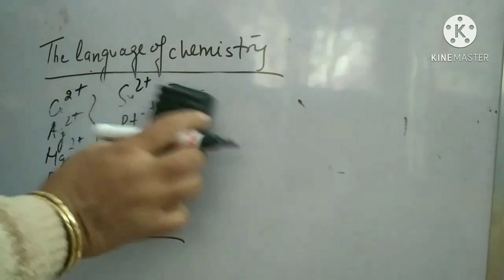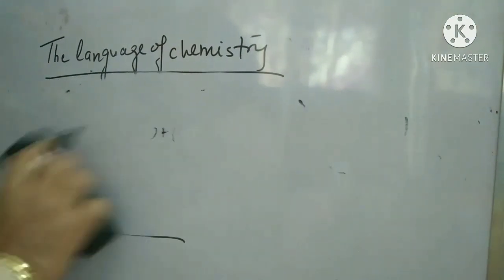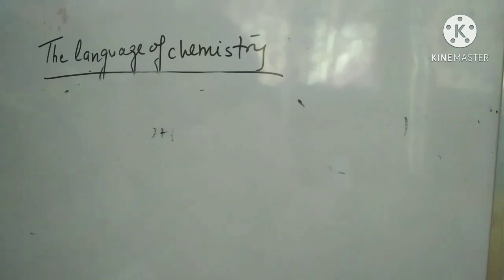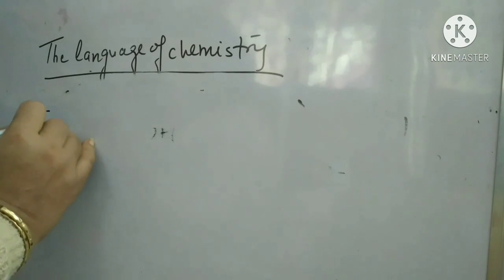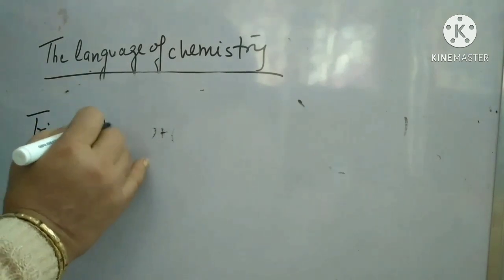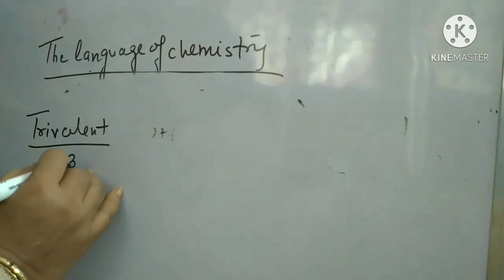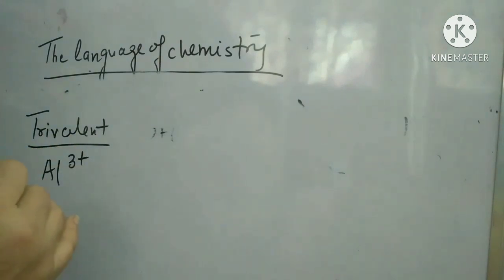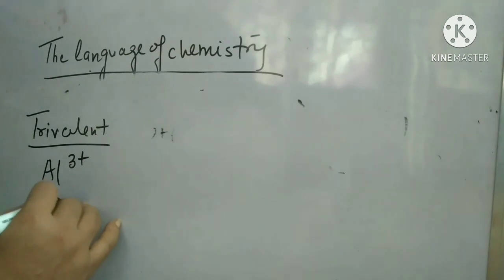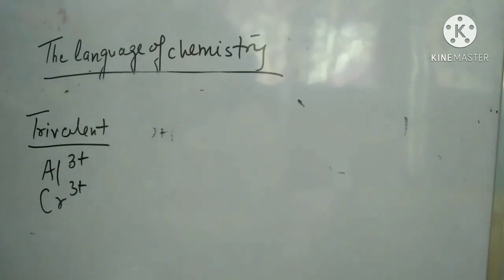Now coming to trivalent elements. The elements which possess 3 valency, they are known as trivalent elements. In this, we have aluminium Al3 plus, then chromium Cr3 plus.